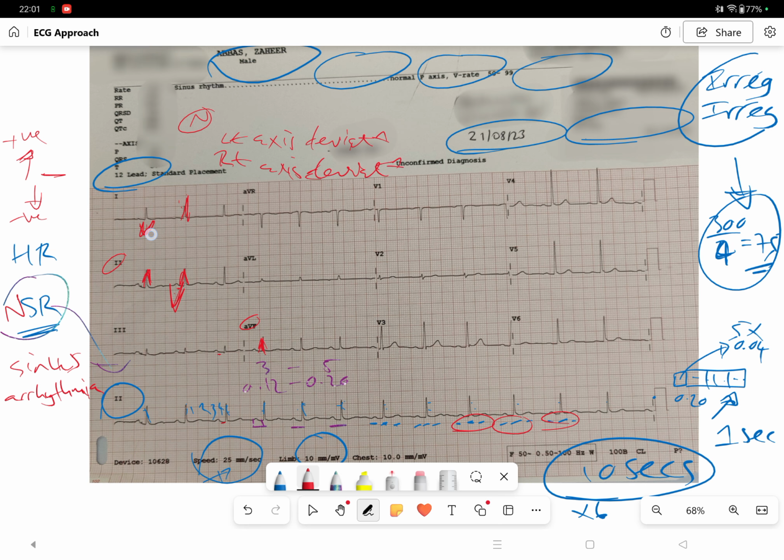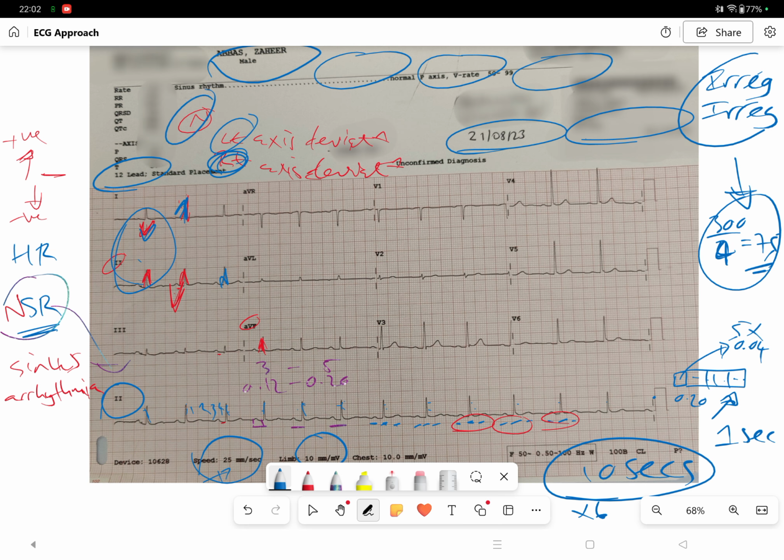The way I remember this is, we have two coming together to make the word right. Coming together makes things right, and that's a right axis deviation. Going away from each other is the opposite: not talking to each other, not working together, not supporting one another, and things go sideways. They're never right, they're left. And if things are exactly as they are on this ECG, then this is a normal axis.